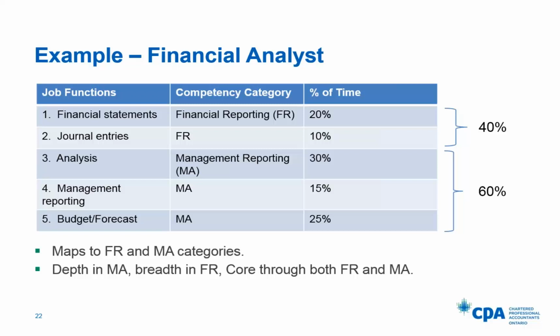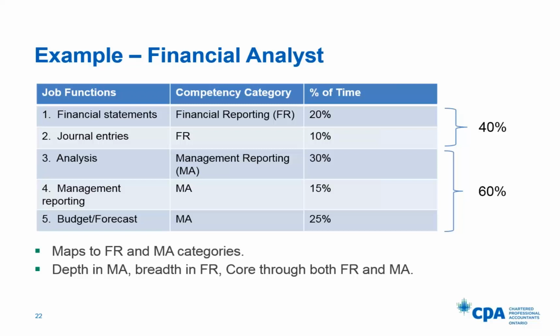Your depth will be management accounting, your breadth will be financial reporting, and your core will be a combination of financial reporting and management accounting. It's really important that you do this kind of thinking ahead of time. This gives you the direction to focus on when you're preparing your experience report.